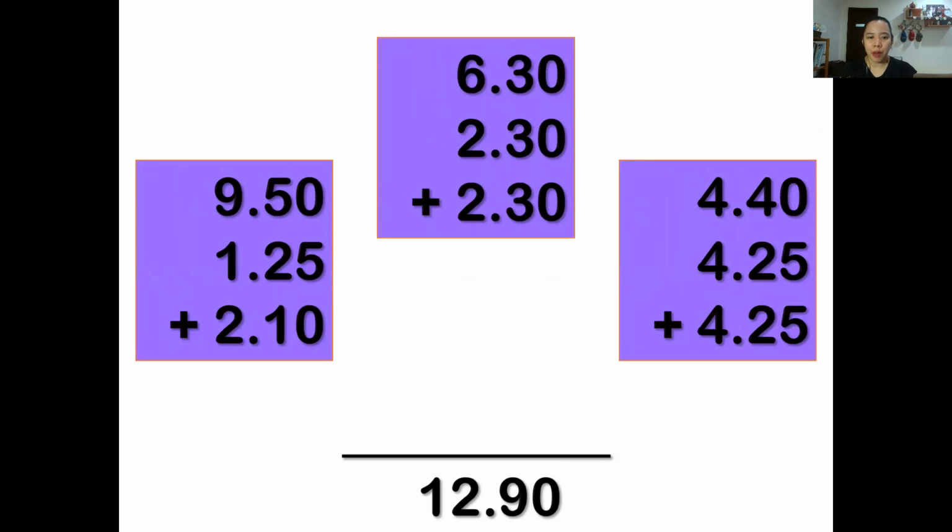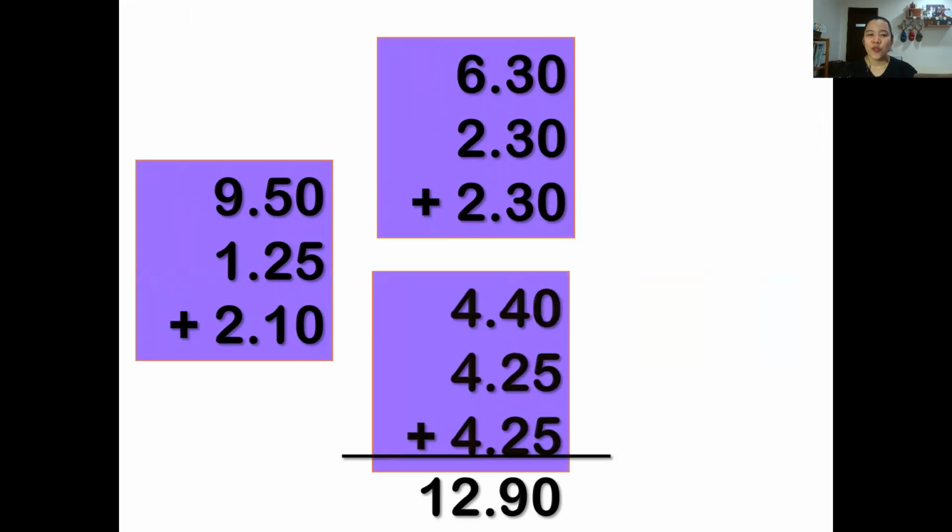Look for the amount of money that is equal to $12.90. Right. $4 plus $4.40 plus $4.25 plus $4.25. That's right.